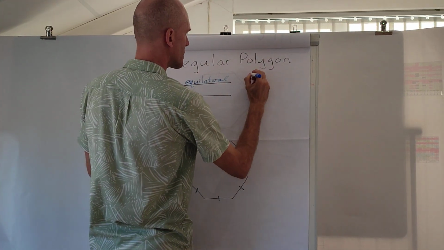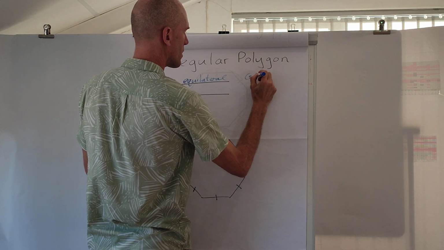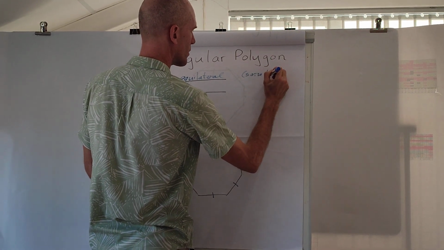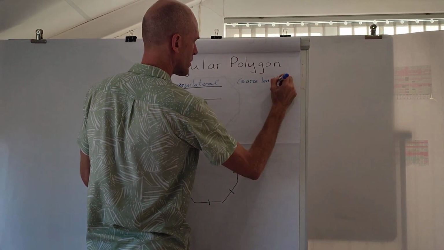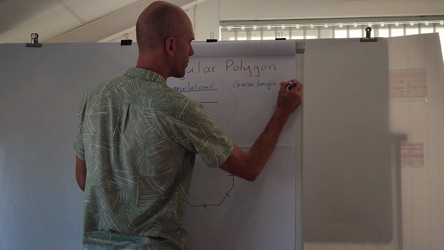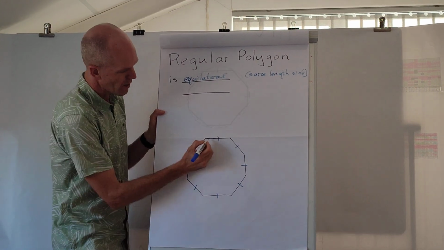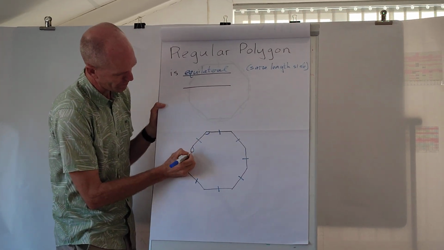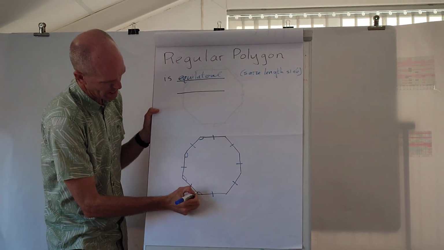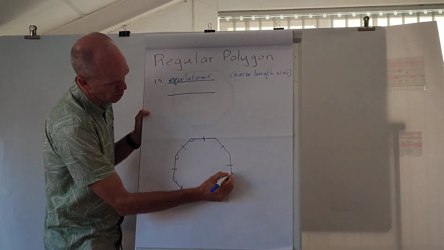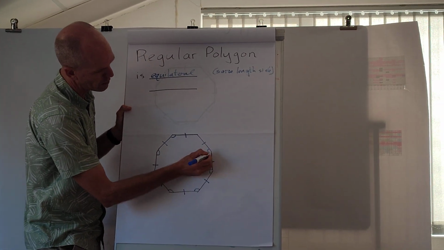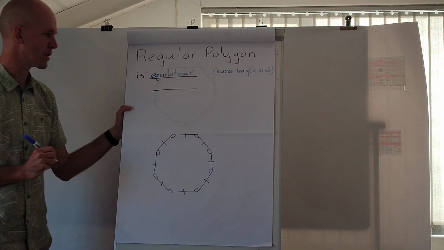Same length side. Right. Also, as Mel said, the angles are the same. And that's how we mark the internal angles of the polygon being the same.